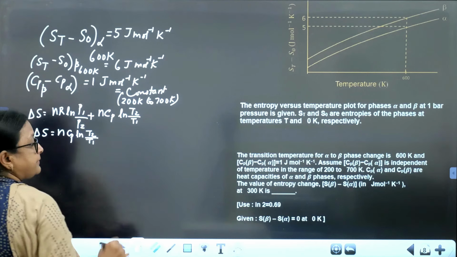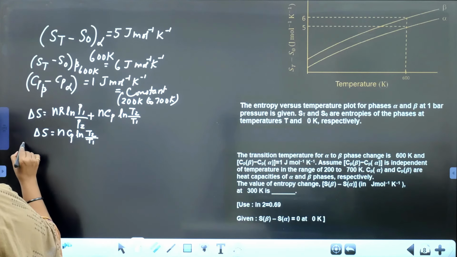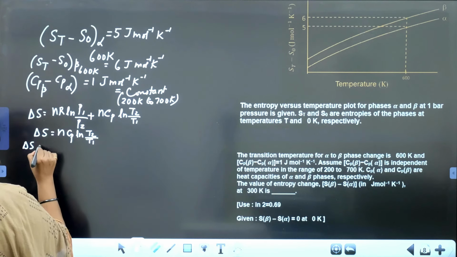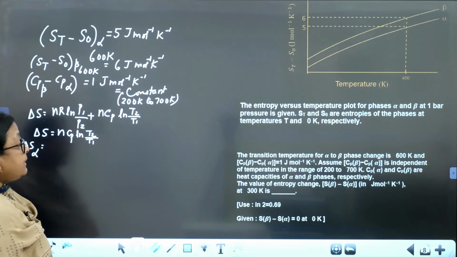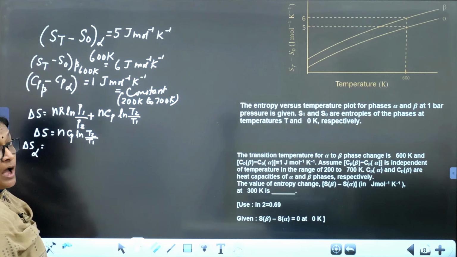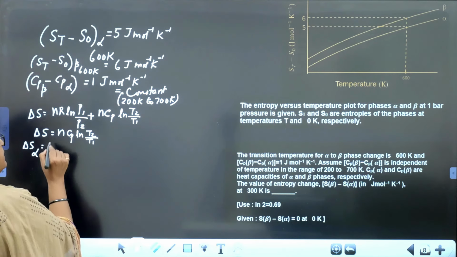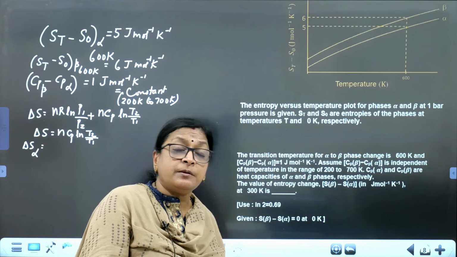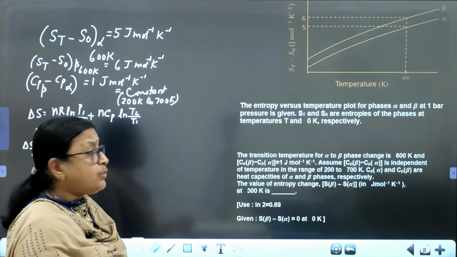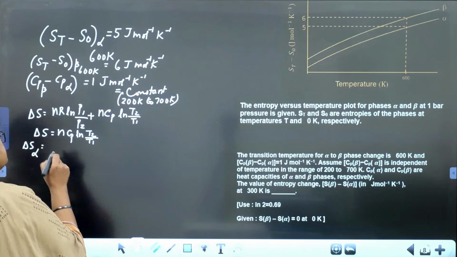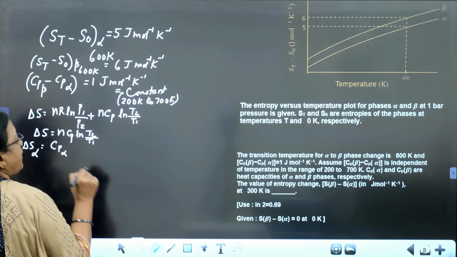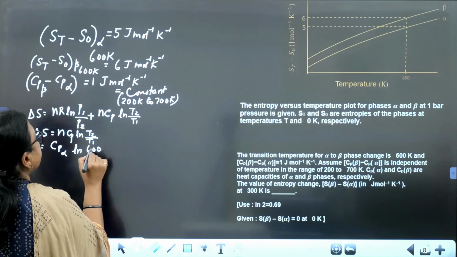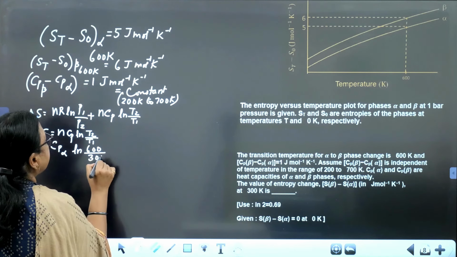So let us write delta S of alpha form. Delta S of alpha form will be n, joule per mole per Kelvin. Everything is given per mole, so let us take n value as 1 mole, and Cp alpha ln 600 by 300.